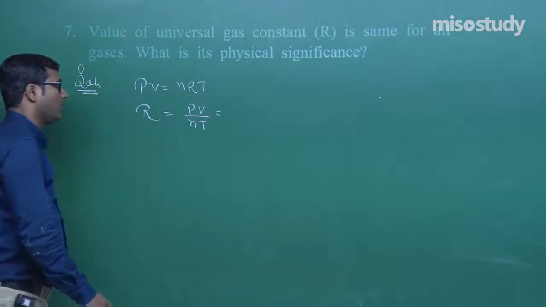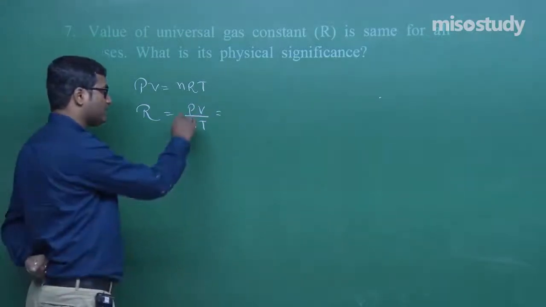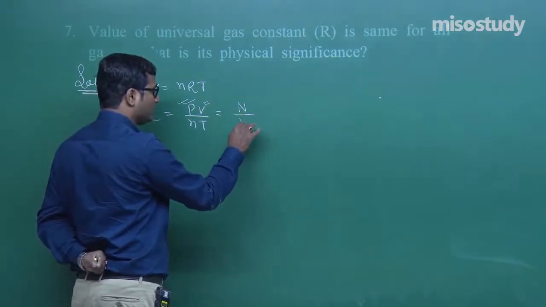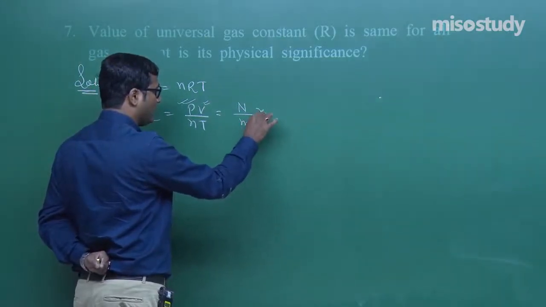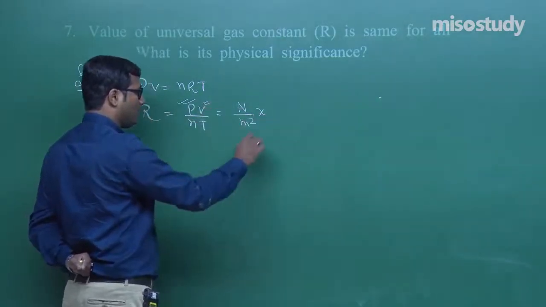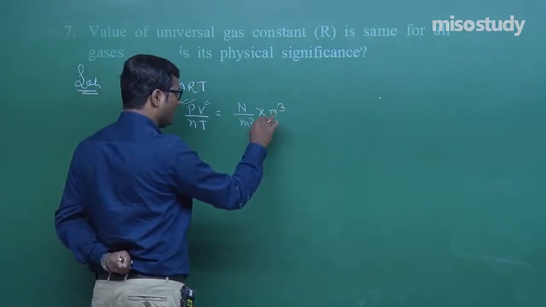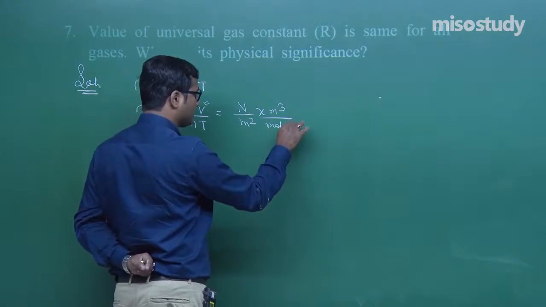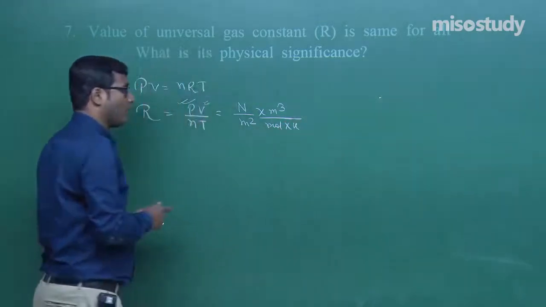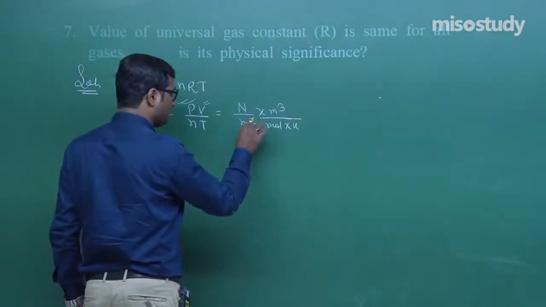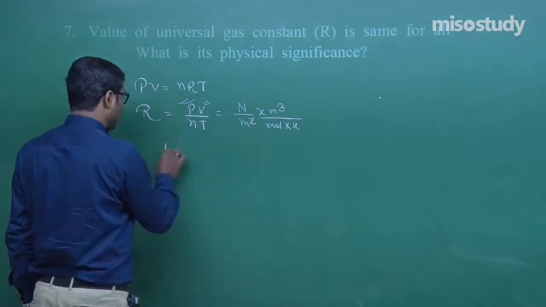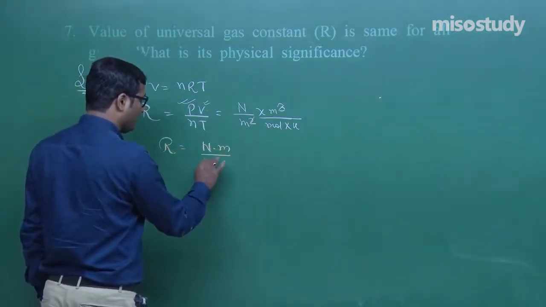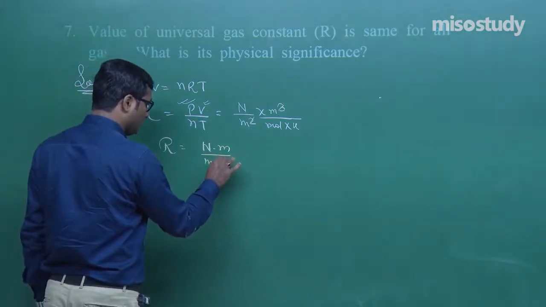P is pressure and V is volume. The standard unit of pressure is Newton per meter square, and volume is meter cube, upon n, which is mole, and T is Kelvin. Clear? What we observe here is that the meter squared will cancel. R unit is equal to Newton meter per mole per Kelvin.